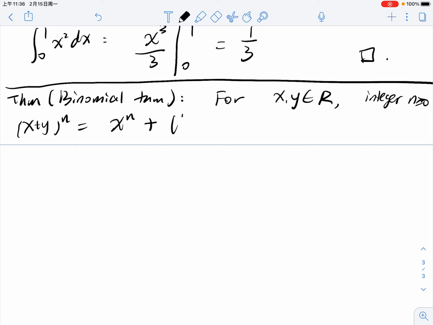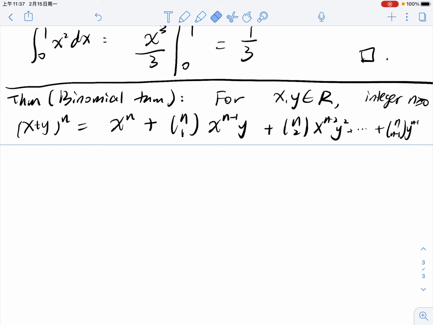And the only thing we don't know is the coefficient, but now the theorem tells you the coefficient is exactly the combinatorial number: plus n choose 2 x^(n-1) times y squared, plus all the way to n choose n-1 x y^(n-1), plus n choose n y to the n's power.